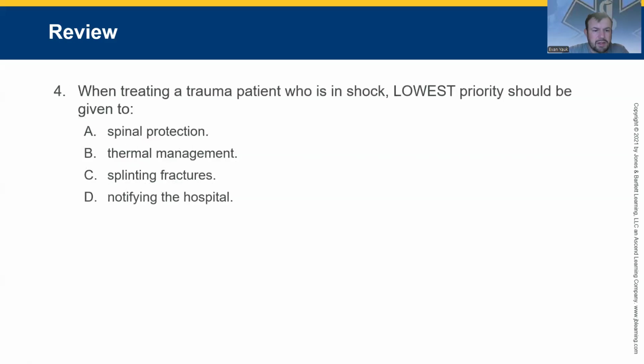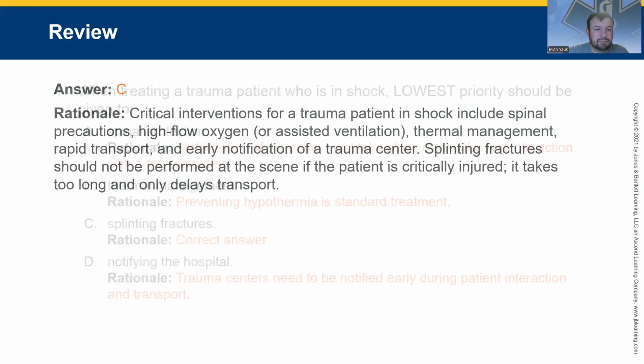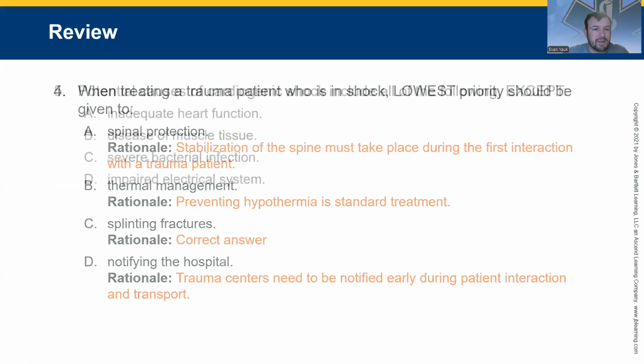So, spinal protection, we want to do that. Thermal management, we have to keep them warm. Notifying the hospital, I'm going to notify them en route, but once again, I was wrong. Splinting the fractures, we want to try to splint fractures before we move them, always, because we can cause more damage if we don't. So, C was the correct answer.